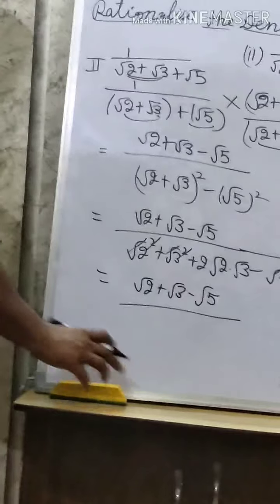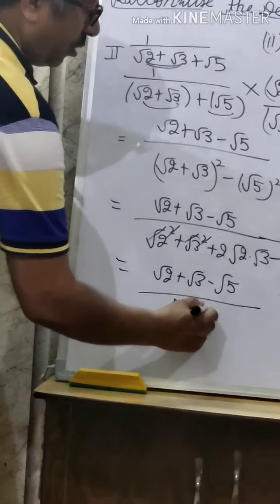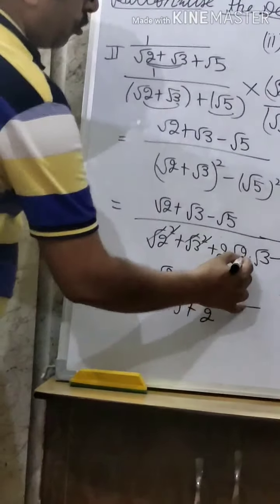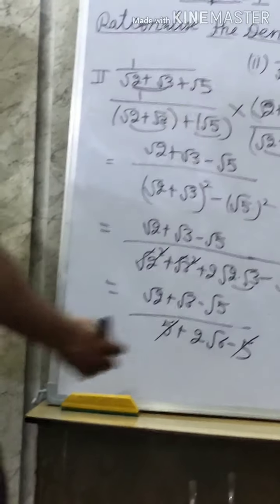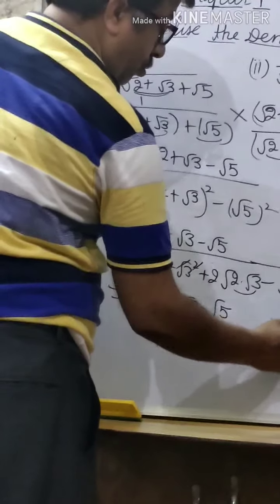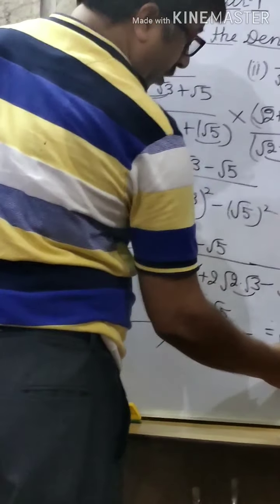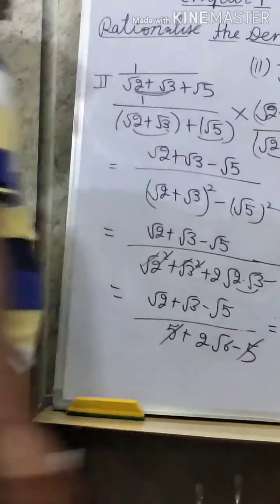Square root always cancels. So 2 plus 3, 5, root 2 into root 3, root 6, minus 5. So plus 5 minus 5 cancel. So this is root 2 plus root 3 minus root 5 upon 2 root 6.